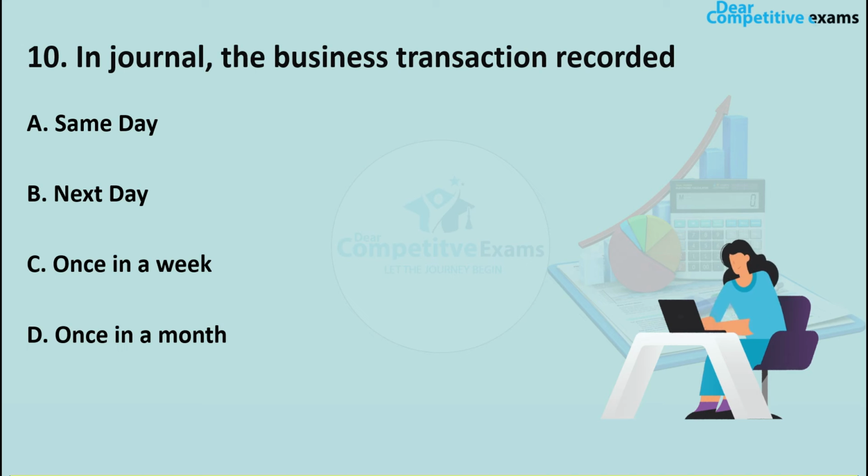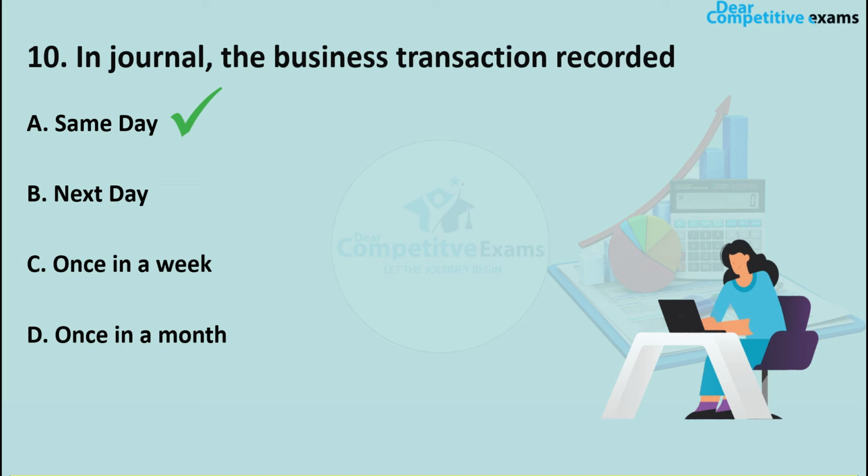In a journal, a voucher or book, the business transaction is recorded on the same day, or next day, or once in a week, or once in a month. Guys, let's get the answer first. The answer is same day. Friends, in general, the business transaction is recorded on the same day. I mean, it is maintained or written on the same day.